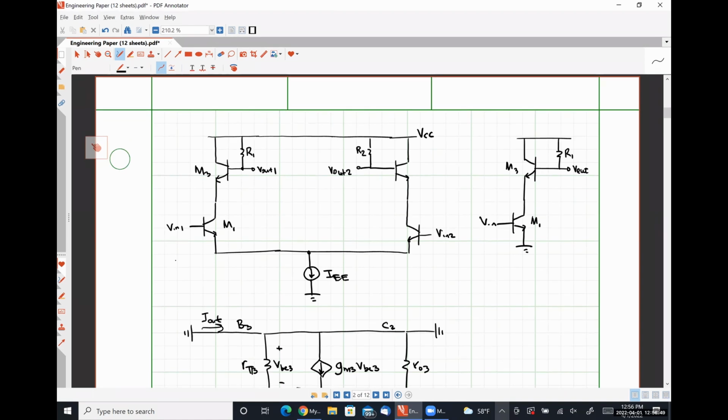What about R1? Since this is no longer shorted, we should see R1 between our base node and ground as well, right?